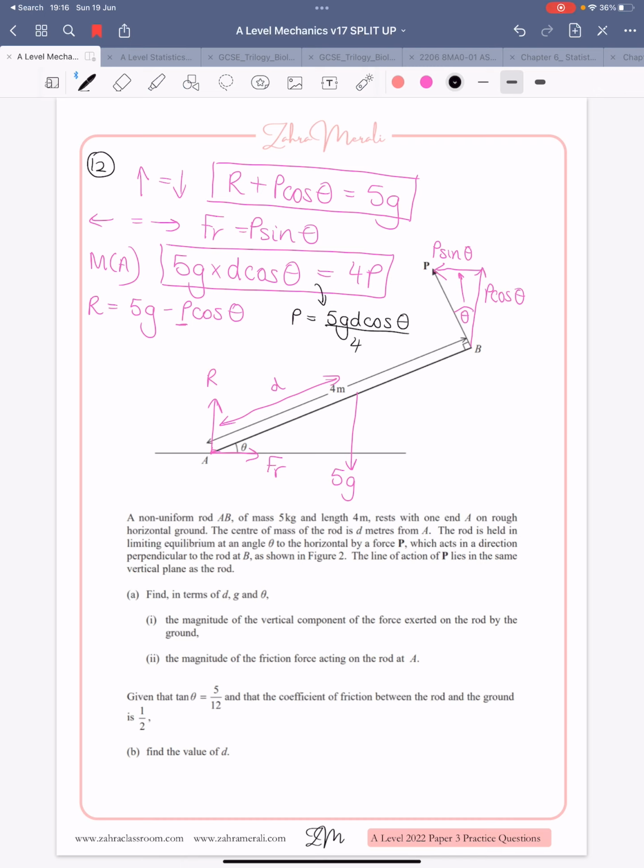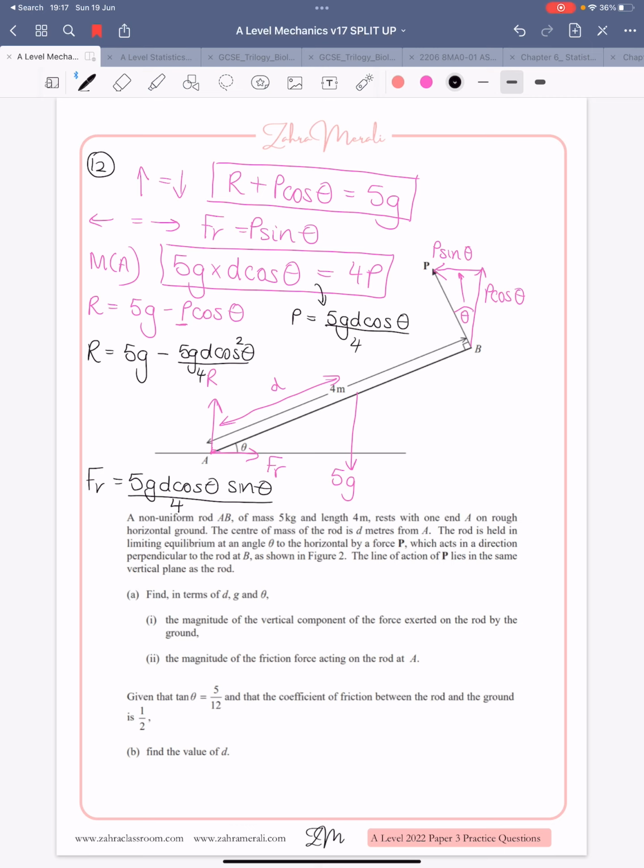So if I substitute that in, I've got R equals 5G minus 5G d cos theta over 4 multiplied by cos theta. So that's going to become cos squared. It looks really ugly, but that's what they want. I've got something in terms of d, g, and theta. My friction is the same as P sine theta. So 5G d cos theta sine theta over 4. And those are my two expressions. They're not very pretty, but those are the answers.